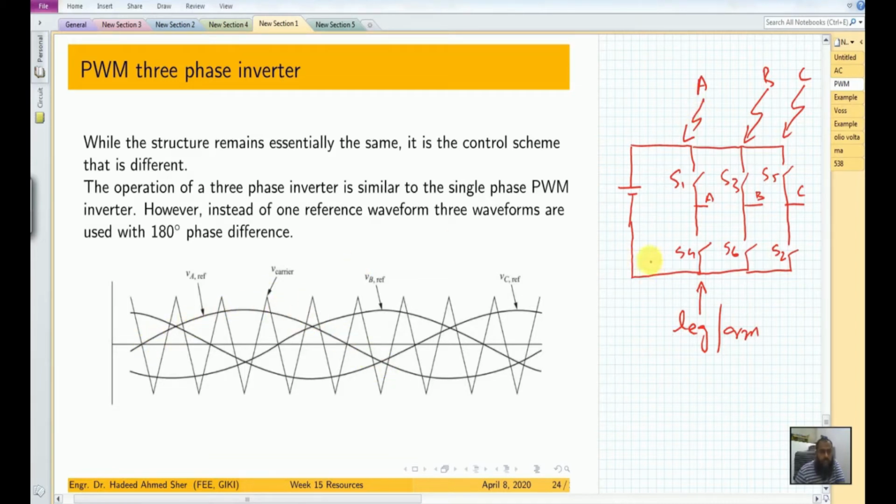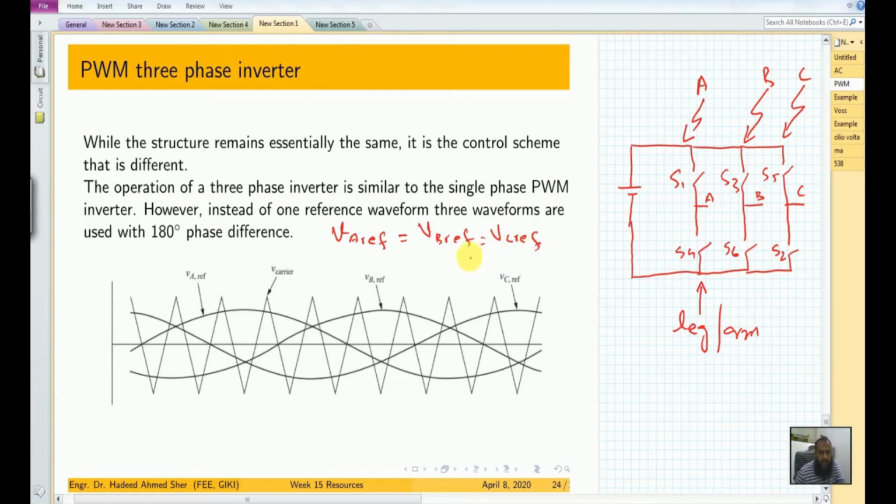Notice that to have a balanced output, for example, if we want to generate an output of 60 Hz, then for balanced operation we require VA reference to be equal to VB reference and equal to VC reference.